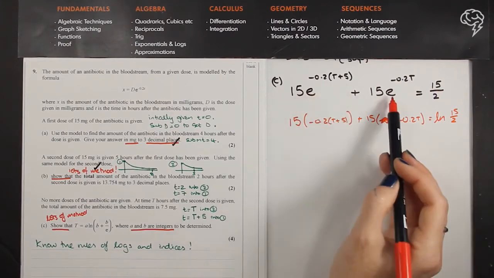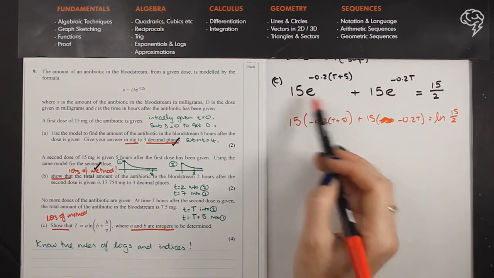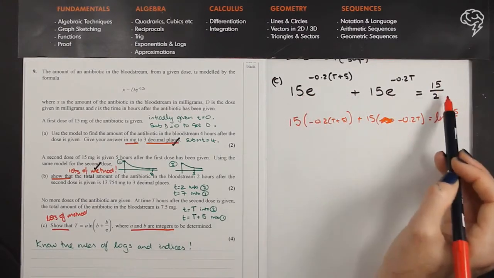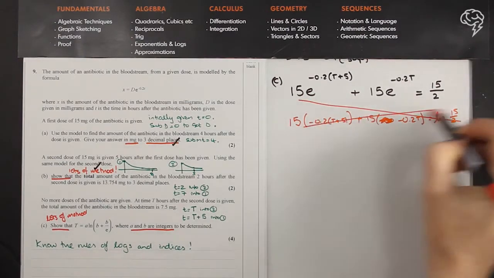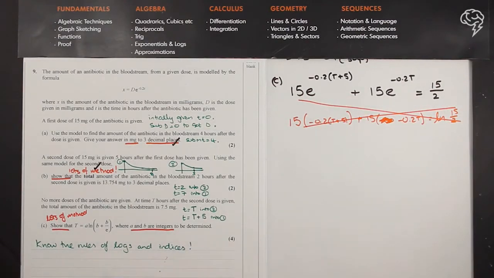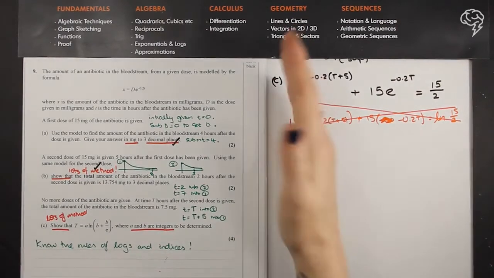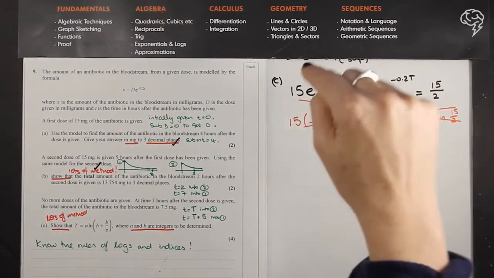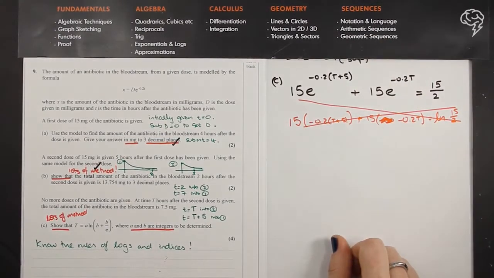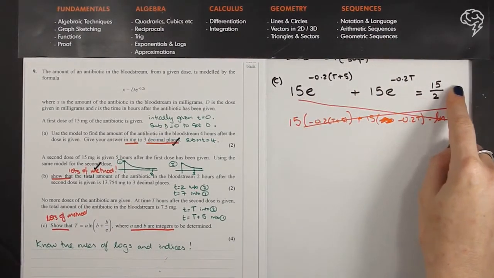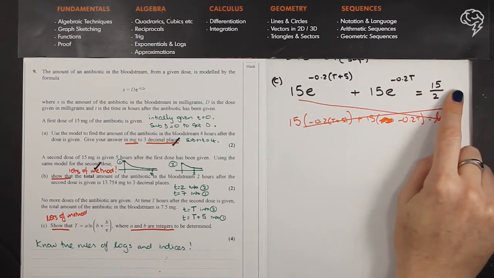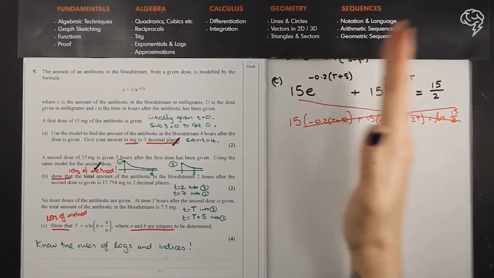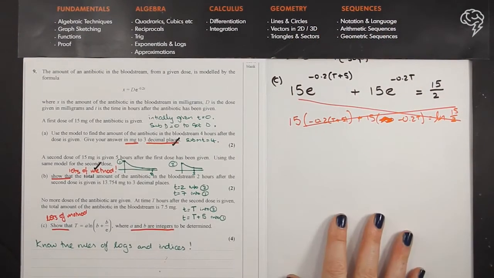So they've cancelled these e's, ignoring the 15 totally, cancelled the e's and done ln to that. No. You can't individually ln. You can't individually square. You can't individually sine. The only thing that you can individually do is times and divide. You could individually double everything, that's fine. You can individually halve everything, that's fine.